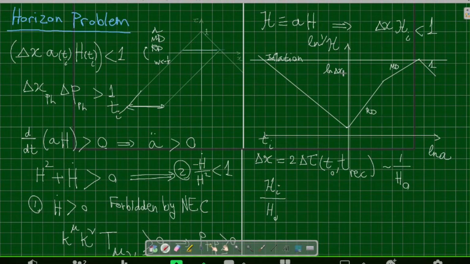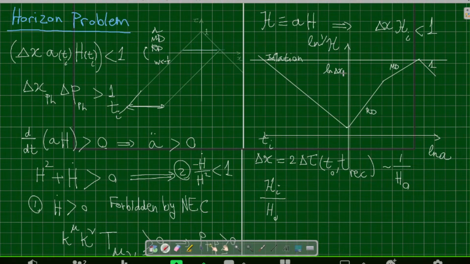This allows us to determine the length of this period of accelerated expansion that we need. So of course, the problem will not be solved if this period is very short. It has to be long enough to solve the problem.